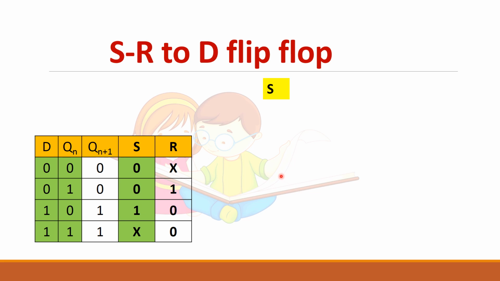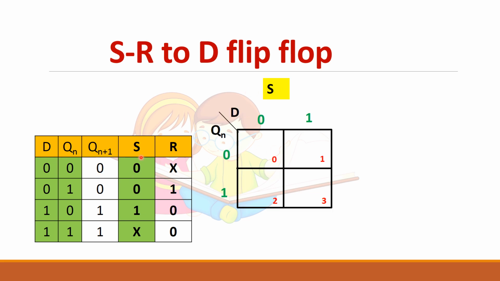Let us draw the K map to get the relation between S and D. So draw the K map. So Qn can be 0 and 1. So D is the only input. So we have a 0 and 1. So now for both 0 0 combination, what should be S value? 0. For 0 1, it should be again 0.